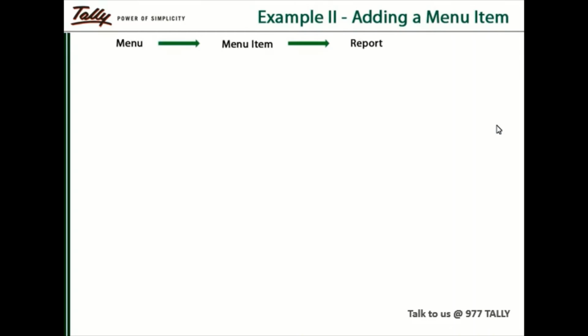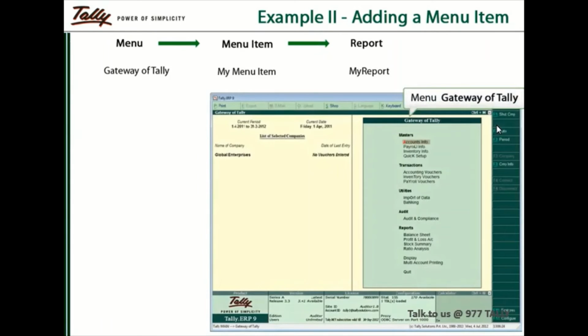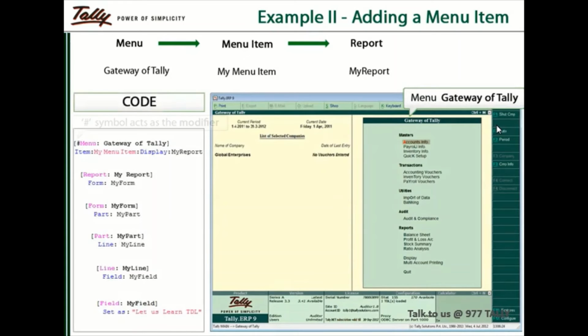Let us see how to write a TDL program to modify a menu by adding a menu item which displays a report. The attribute item is used to provide the name of the item to be added to the menu. This is followed by the action display.